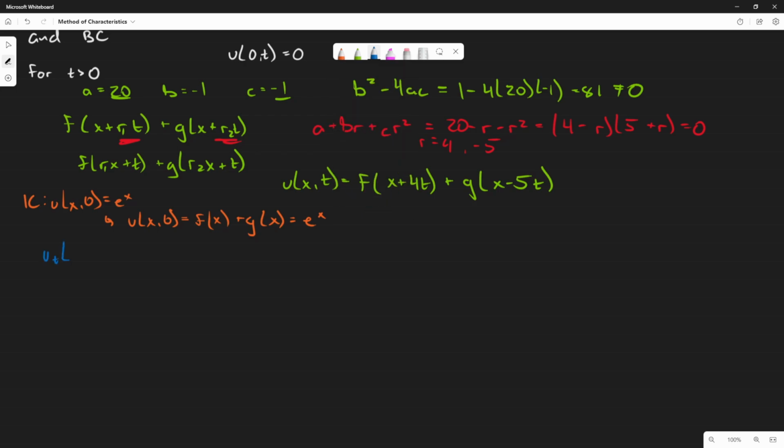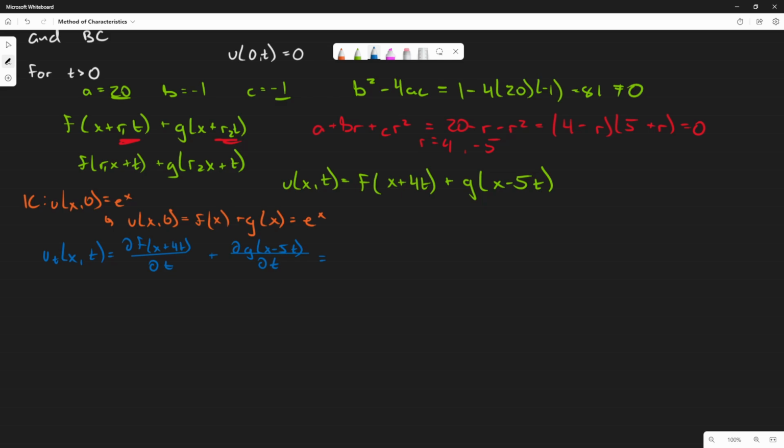So u_t of x, t is going to be equal to the partial derivative of f of x plus 4t with respect to t, plus the partial derivative of g of x minus 5t with respect to t.